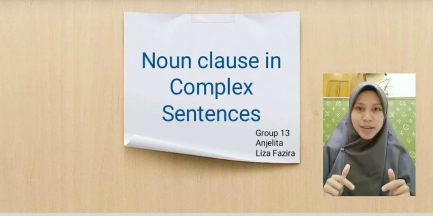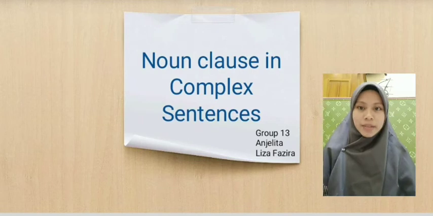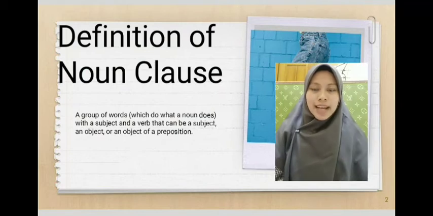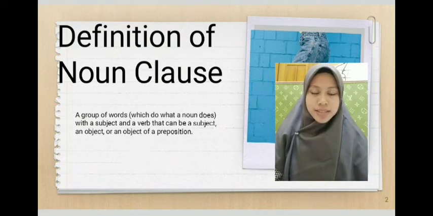In this video, we will explain noun clause in complex sentence. The definition of a noun clause is a group of words which do what a noun does, with a subject and a verb.